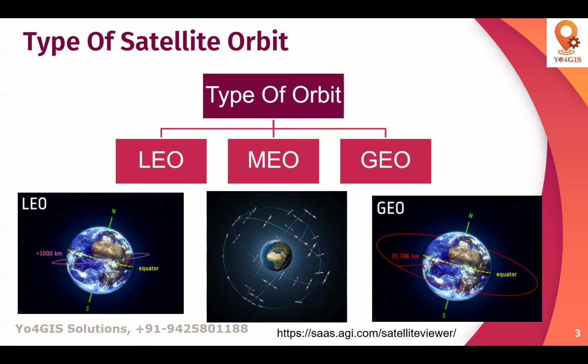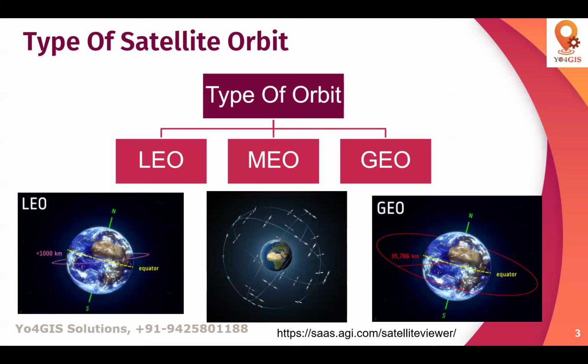When any country plans to launch a satellite, they have a proper plan for what purpose they are sending it, and based on the purpose they decide whether to send it in the low orbit, medium orbit, or geostationary.